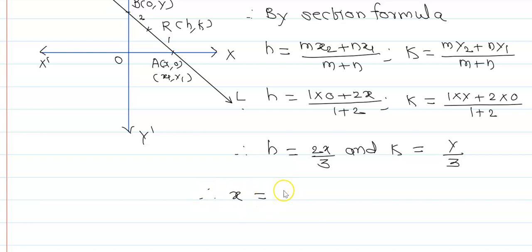Next, we have the value of x. x is equal to 3h upon 2 and y is equal to 3k.